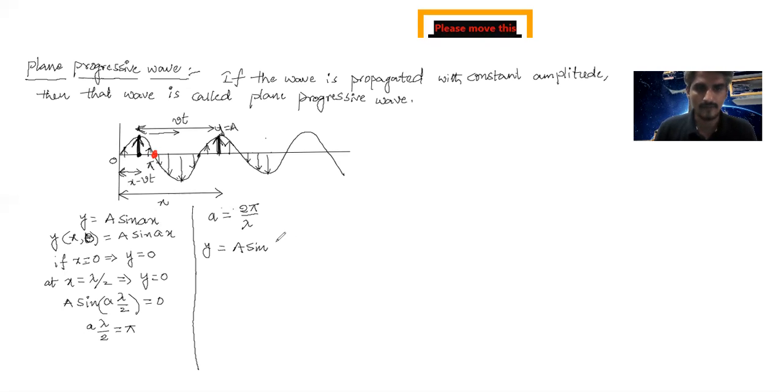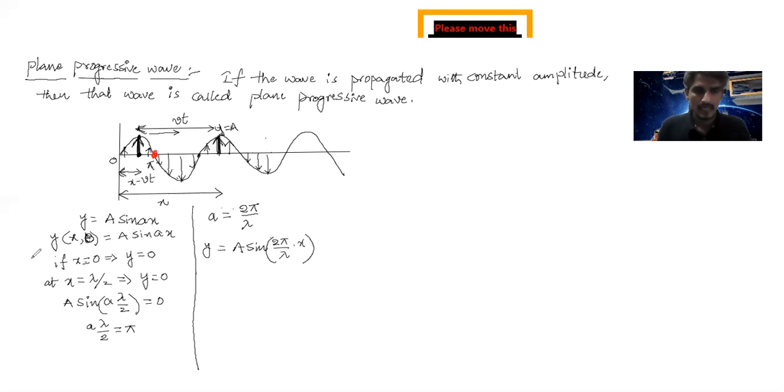What is the value of a now? We have to substitute it as 2 pi by lambda into x. So y is a sine 2 pi by lambda into x. This is a general form of the equation now. Now we have got the a value.